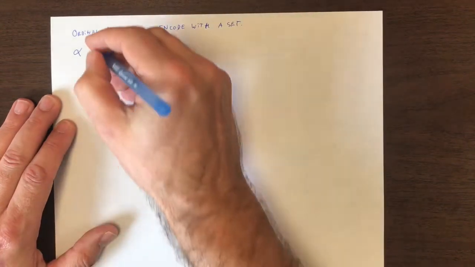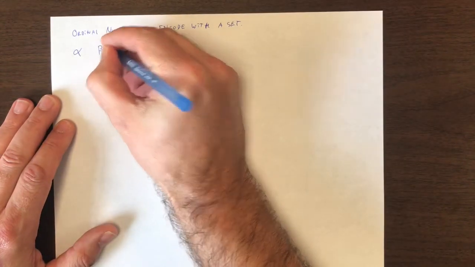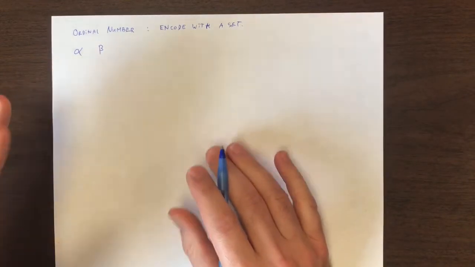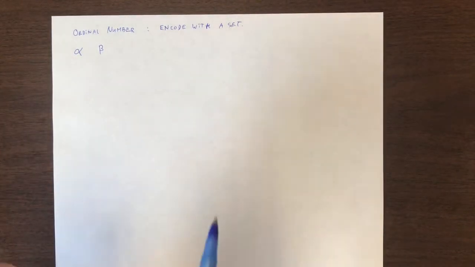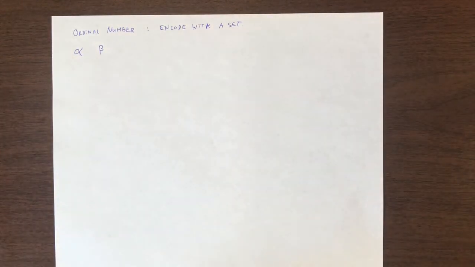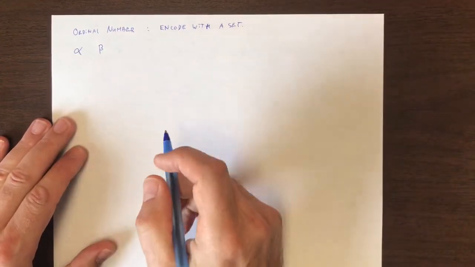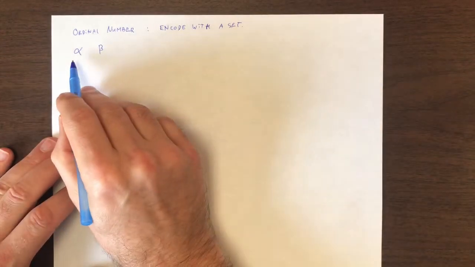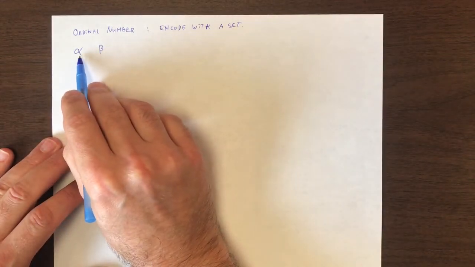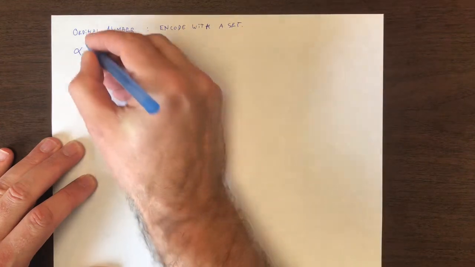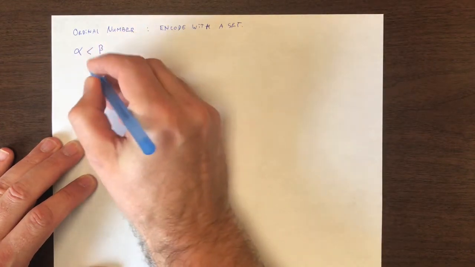So let's say I pick two ordinal numbers. Remember, ordinal numbers are all about in what order things came. Who was the first runner? Who was the second runner? The ordering is the key thing that's important about ordinal numbers. So when would we say that an ordinal number alpha is less than an ordinal number beta?